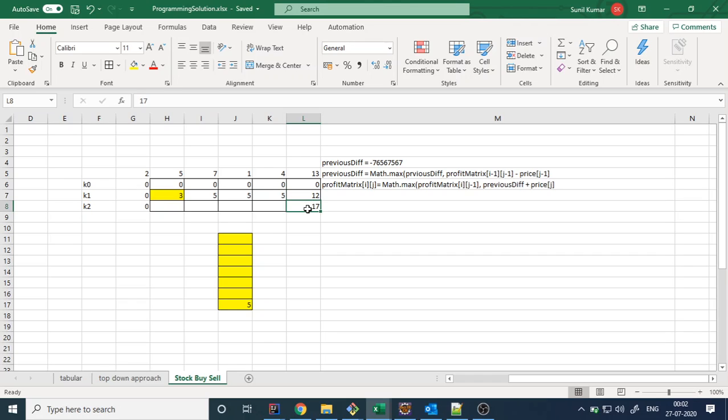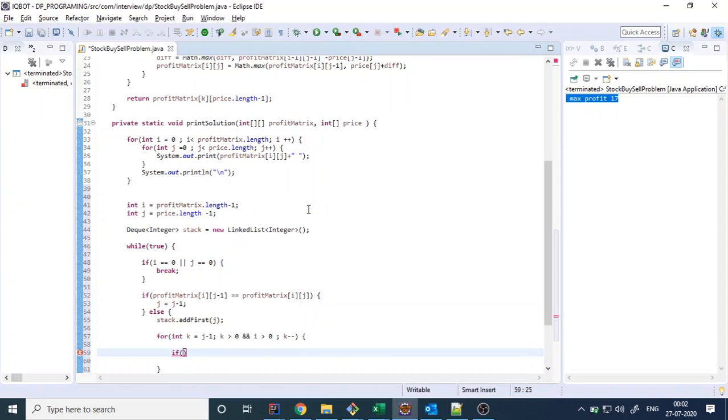when I see that here, then what is the difference? So again you can int div equal to profit matrix of i j minus price of j.